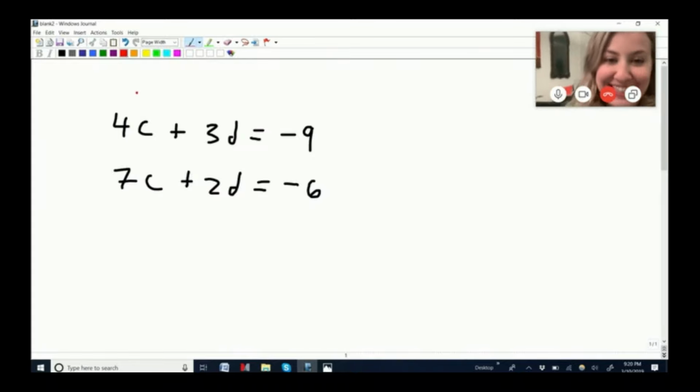All right, so we got 4c plus 3d equals -9, 7c plus 2d equals -6. Now here's the deal. There's no obvious answer as to which thing to cancel out first.